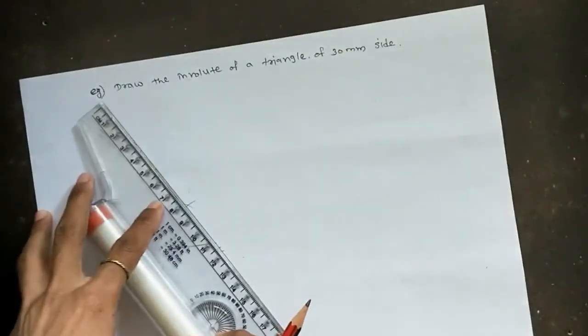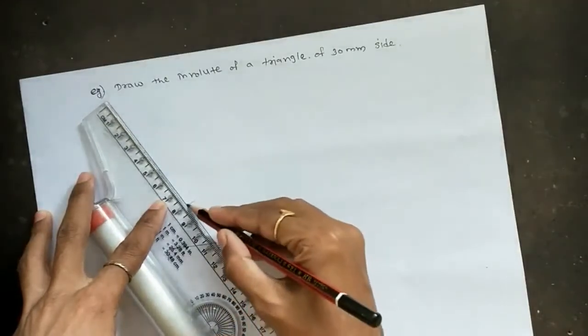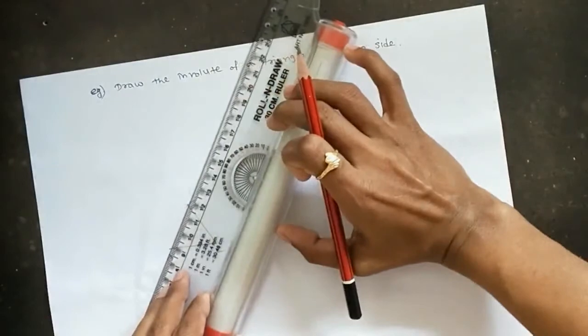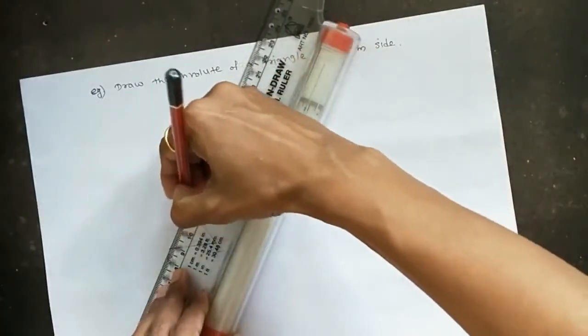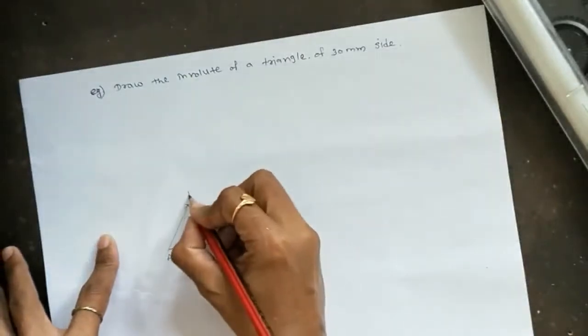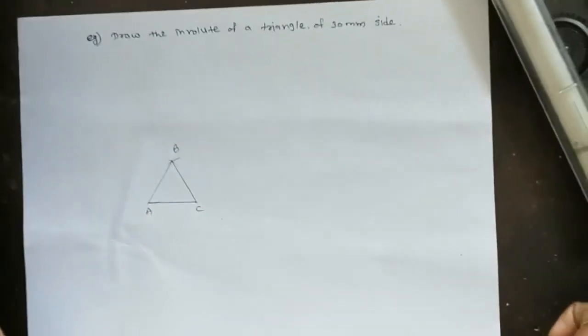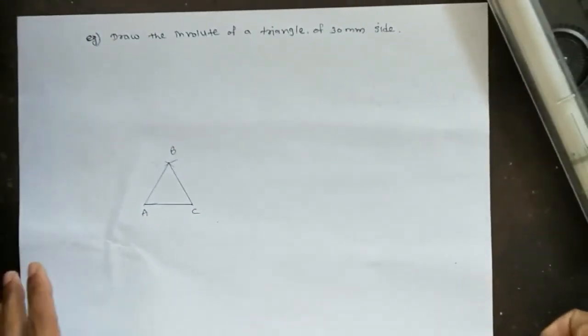Then join this point to point C and point A, and give name to this point as point B. So this is the triangle ABC.